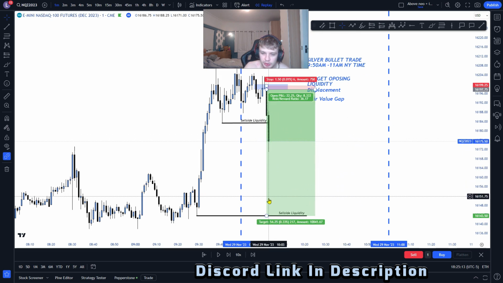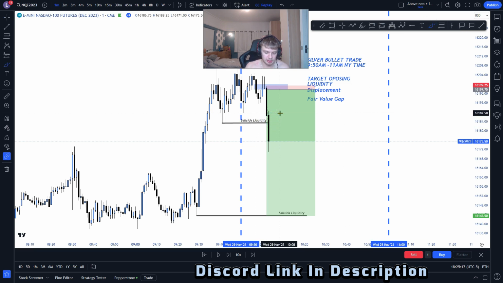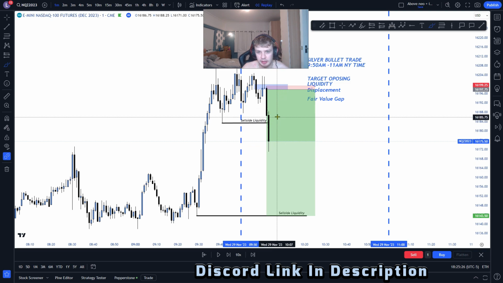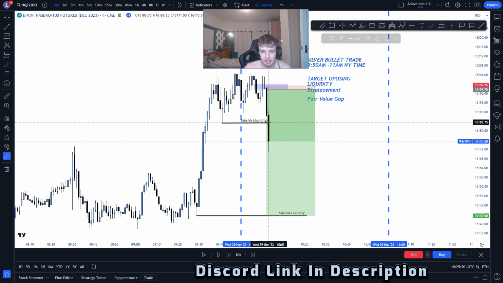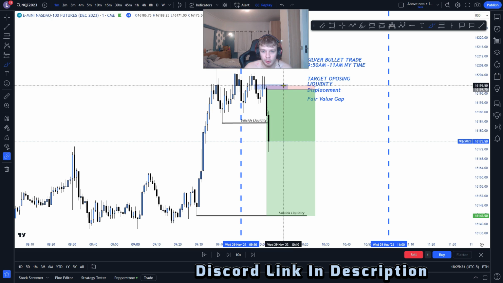Another thing you could do is take some partials off right here. What that means is if you're in a trade and you're up $100 at this point, let's say, you could take $50 off, so that's your profit, and then you could let the other 50 ride all the way down to this sell side liquidity, or that other 50 could go to break even back up here.